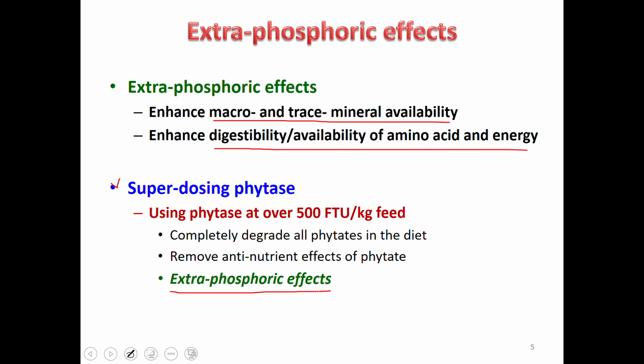And then we could expect this extra-phosphoric effect by using phytase in the swine diet at high level. That is called superdosing phytase. This is using phytase enzyme at over 500 FTU per kilogram diet, which is the typical level of phytase in the swine diet. You could use 1,000 or 2,000 FTU of phytase per kilogram diet. That is superdosing phytase.